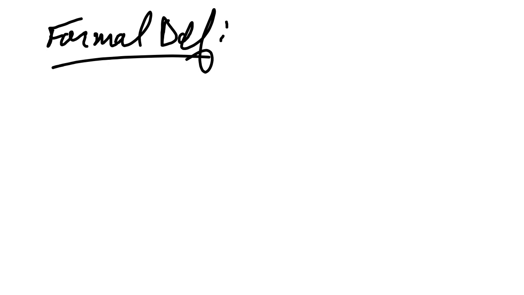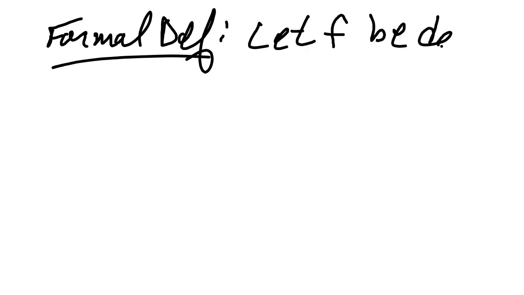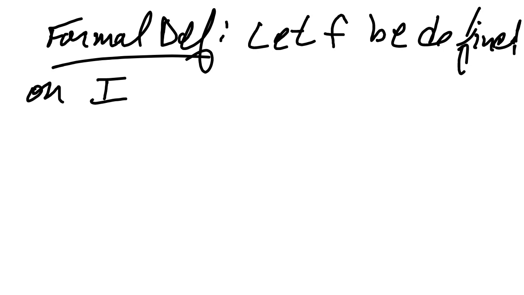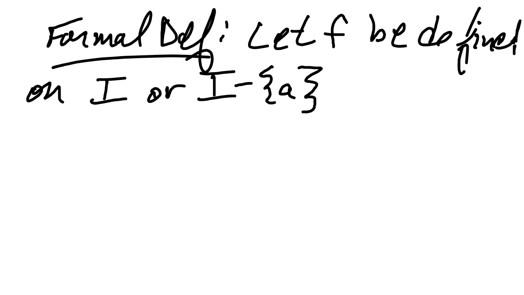So I'm going to give you what I do for that formal definition. This is how I write it. Let f, which we already know is a function, be defined on I, which is some open interval containing a, or I minus the set containing the point x equals a.